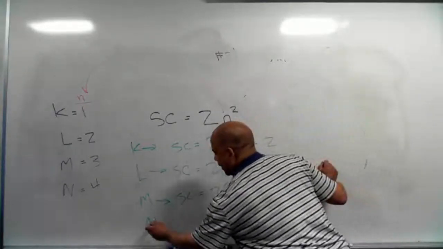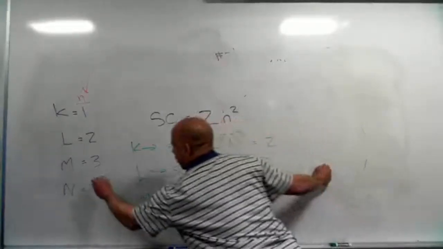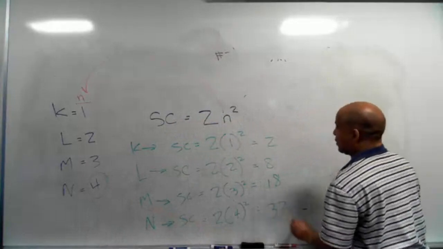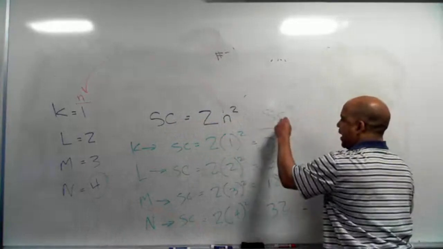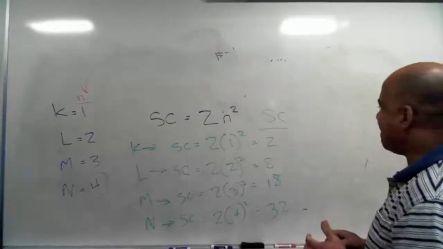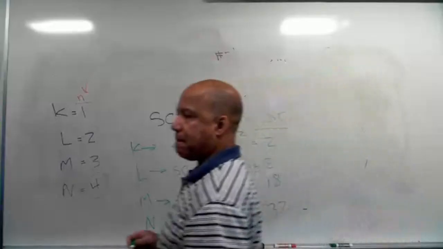And the last one is N, 2 times 4 squared. 4 squared is 16, 2 times 16 is 32. That's where we got those numbers from. That's the shell capacity. Good question. Anybody else?